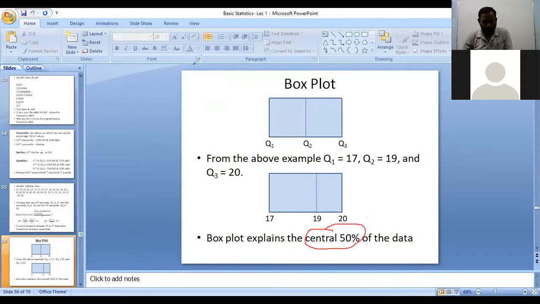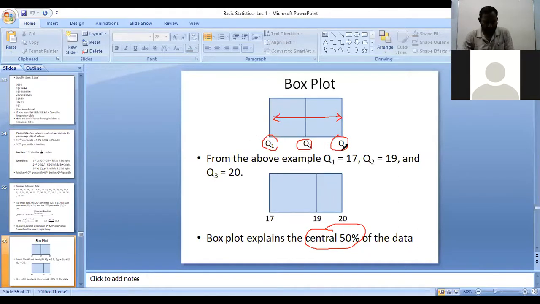So this box plot is giving the middle 50% of the data. So we can explain how this middle 50% of the data is dispersed or spread out, right? We have Q1, Q2, Q3 quartiles.